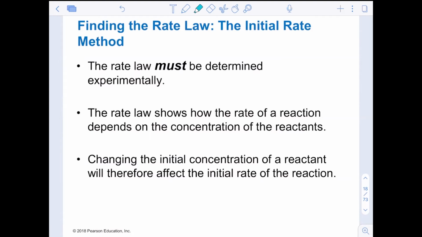So we are going to be measuring the initial rates and comparing those initial rates in order to find out the dependency on concentration, because we know as we increase the concentration of a reactant, typically the reaction goes faster. But the magnitude at which it goes faster or slower is going to help us find the actual rate law.